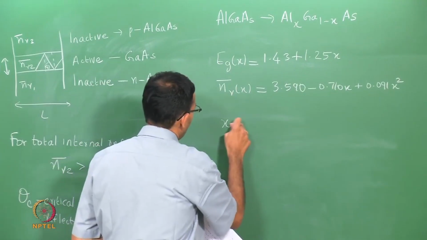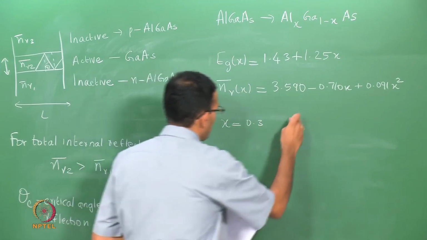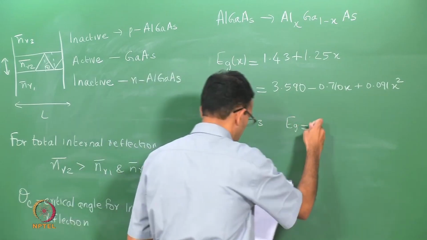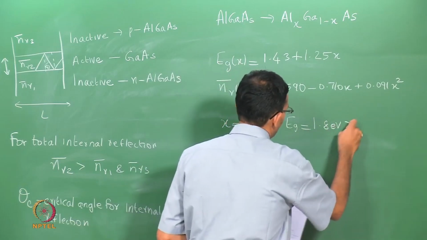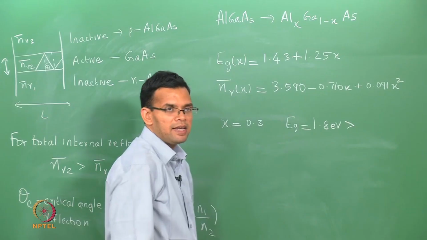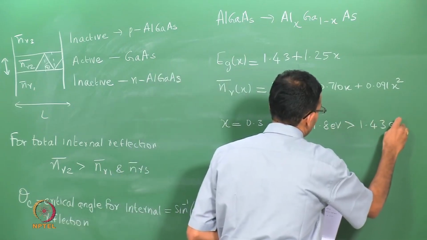For a particular value of x, say 0.3, your band gap Eg, if you calculate, is 1.8, which is greater than the band gap of gallium arsenide, which is 1.43.